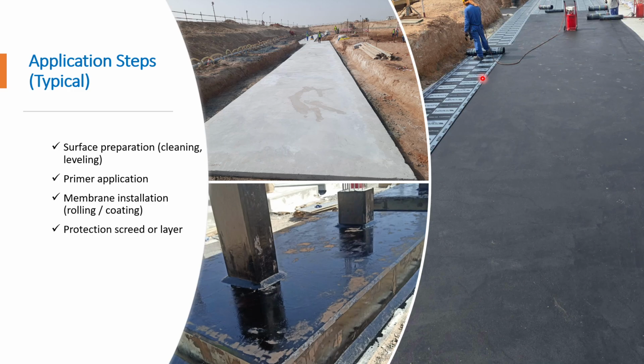Both are the same, but in one we apply torch, and for the other we need not apply, we just stick it with the pre-coated adhesive. And the last one is the protection screed layer. When we complete the waterproof membrane, for the horizontal area we do the screed, and for the vertical area we apply the protection board. So these are the application steps.